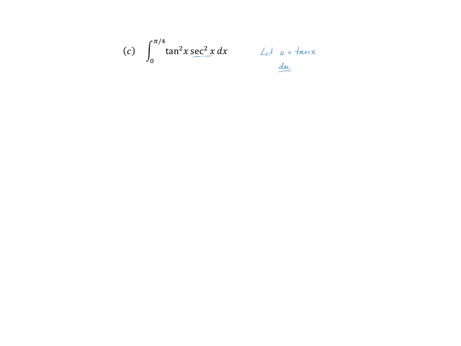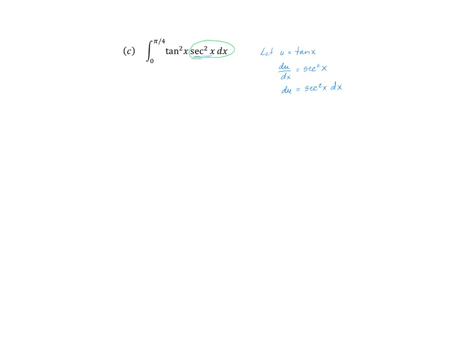So the derivative of u with respect to x is going to be secant squared x, or du is equal to secant squared x dx, which is this ending piece. So I can replace secant squared x dx with du, and then my tangent squared is u squared.